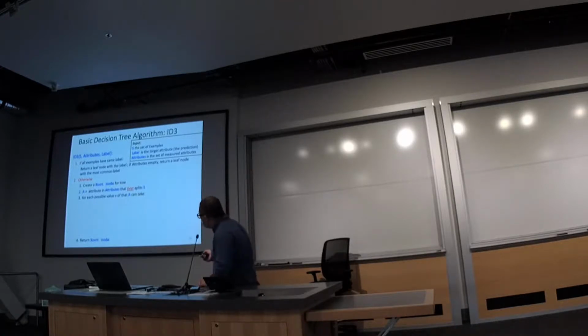How can we do that? We just look at every possible value v that A can take. And for each possible attribute value v, we create a new tree branch. This branch is associated with the testing condition, whether attribute A equals v, right? And then we look at all the examples in S whose feature A takes value v. We denote this subset of examples as S_v.